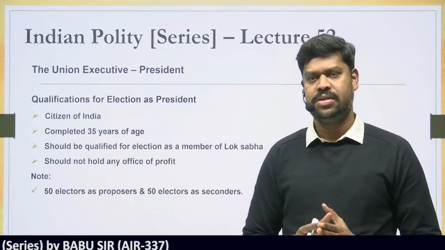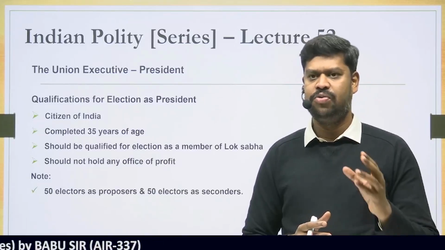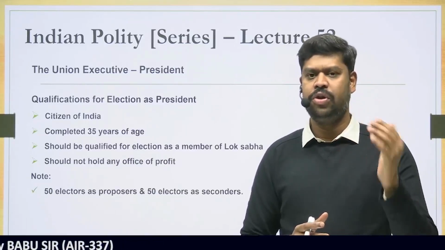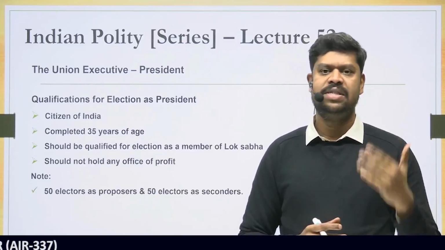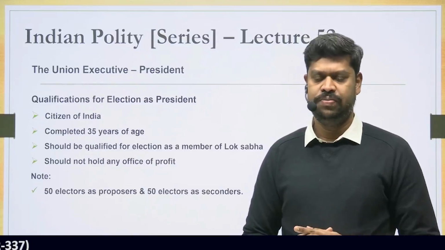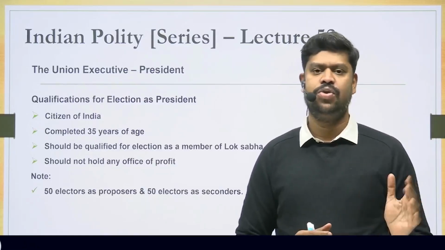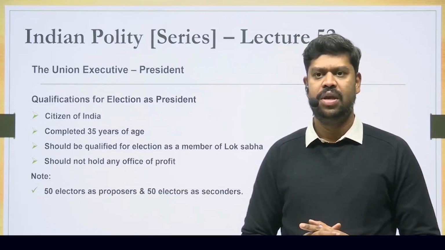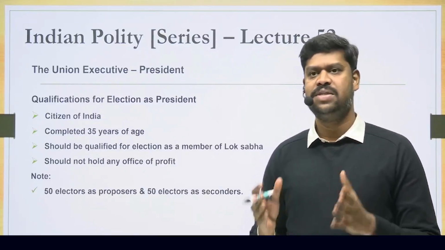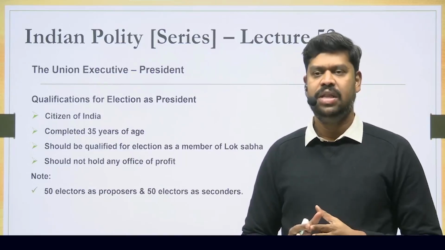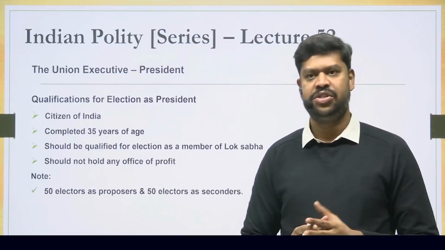In the last lecture, we clearly understood that if you look into the constitutional position of the President of India, though the President is the head of the Union Executive, the President is not a real executive, he is only a nominal executive. But that doesn't mean that the President has no discretionary powers. That doesn't mean that the President is merely a rubber stamp. The President does exercise discretionary powers.